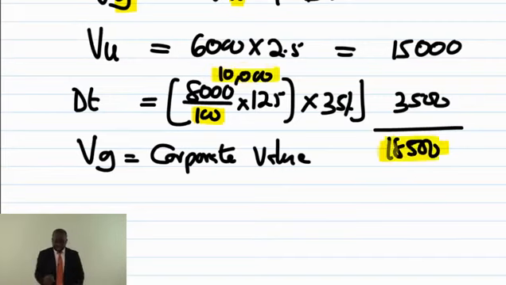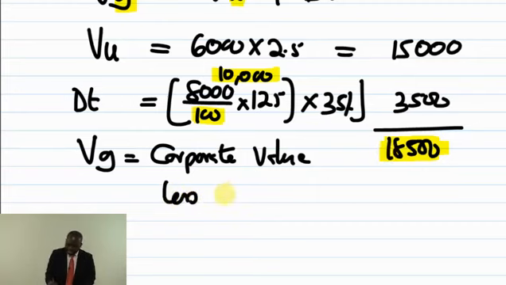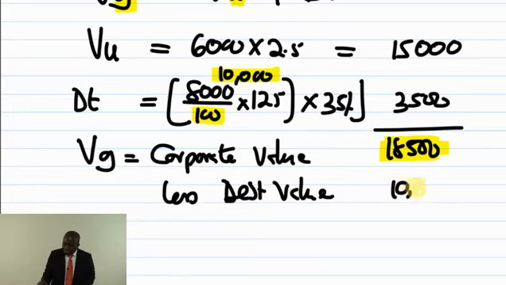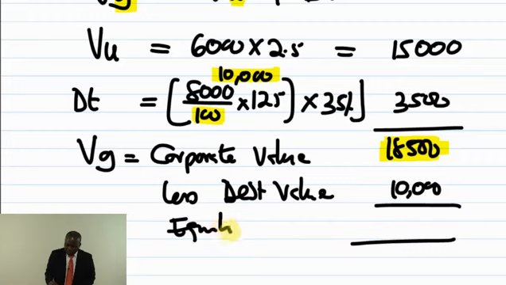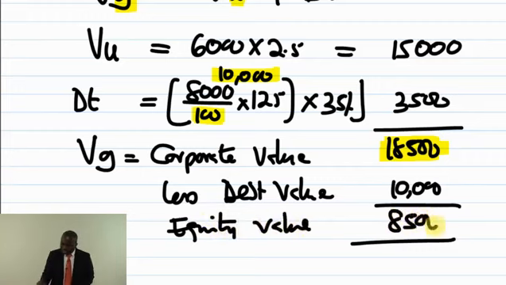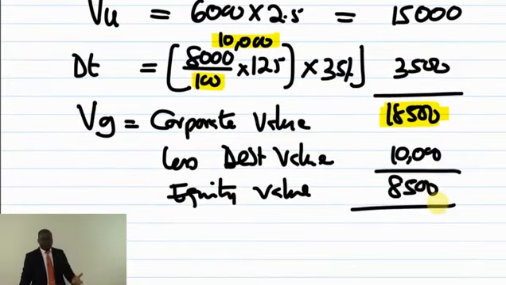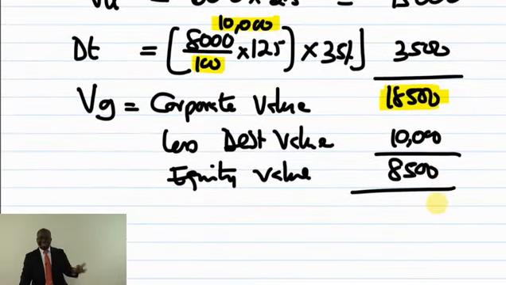Because we wanted a share price. So you less the debt value of the 10,000, and that brings you to the equity value, which is 8,500. So the value of Bell's equity is 8,500.